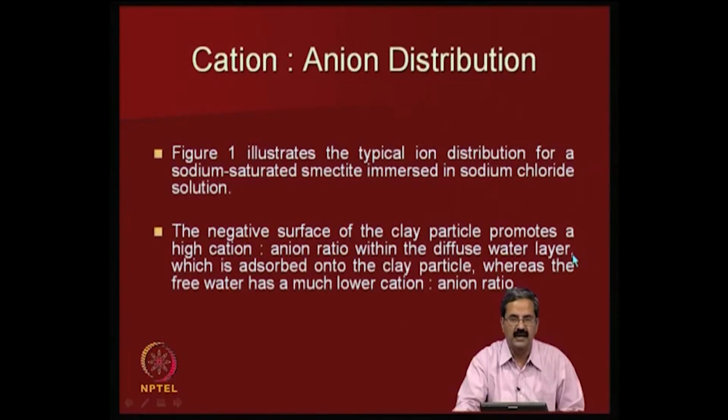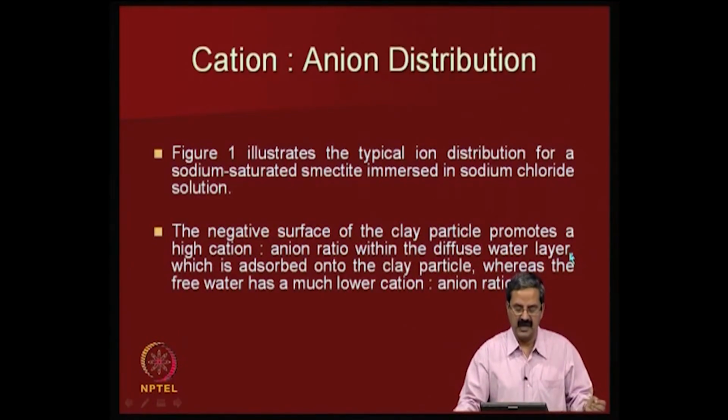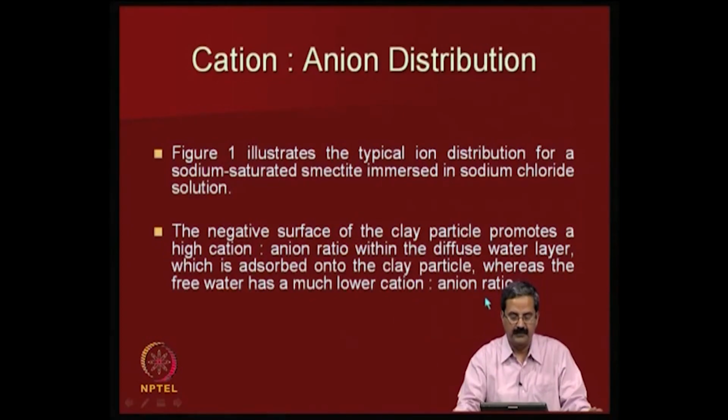Actually, we know that next to the clay surface you have a diffuse double layer formation, which is nothing but the adsorbed layer next to the clay particle, and free water has a much lower cation anion ratio.